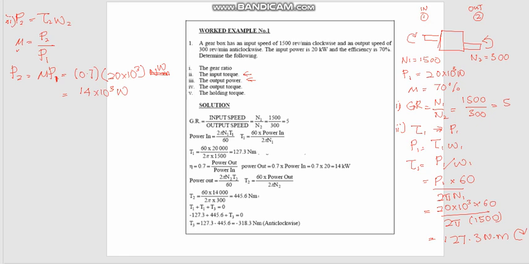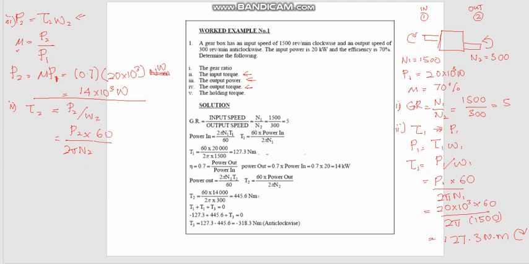So next we have to find the output torque. The output torque is basically tau 2. If you look at this particular equation, I can calculate tau 2 if I know P2 and omega 2. So tau 2 equals power 2 divided by omega 2. We don't know omega, but we know n2, so we can convert: tau 2 equals P2 divided by 2 pi n2 times 60.